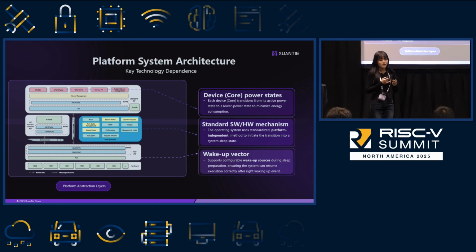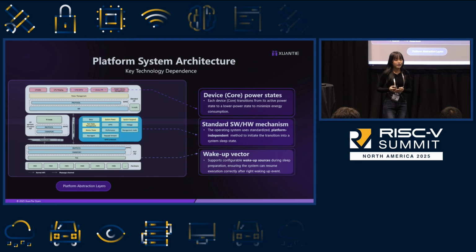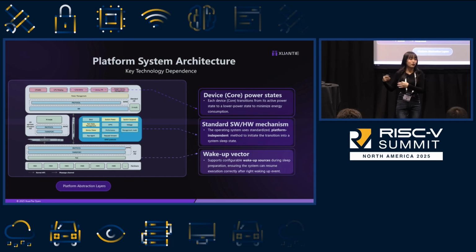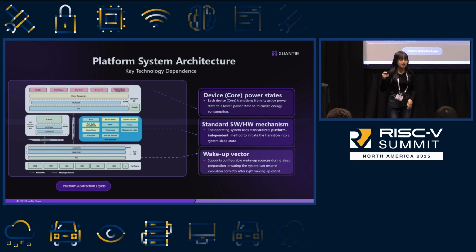Then a standard software or hardware mechanism has to be supported. Then the wake-up vector has to be supported as well, because the system controller has to wait for an outside interrupt to resume the whole system.